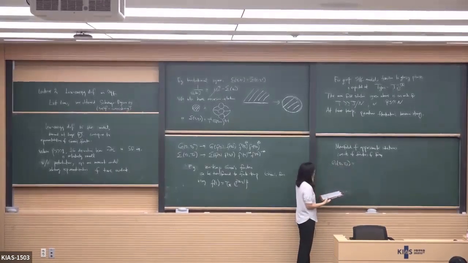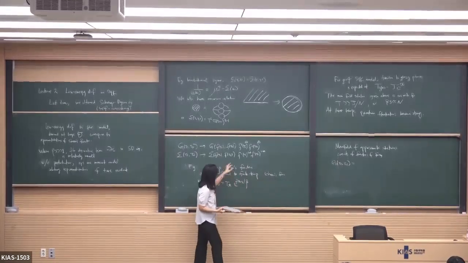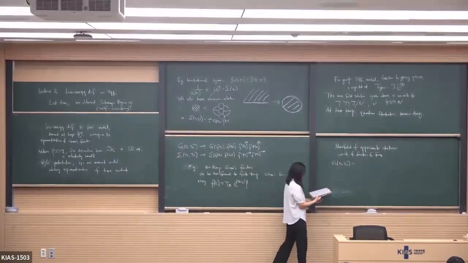So any two-point function that is related to the zero temperature Green's function by some diffeomorphism, reparametrization, is going to be a solution.